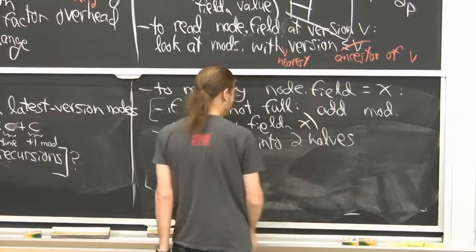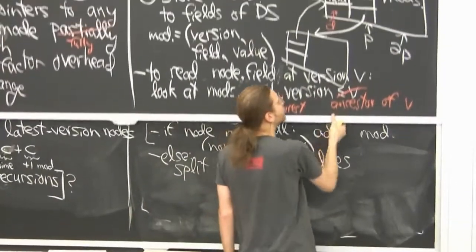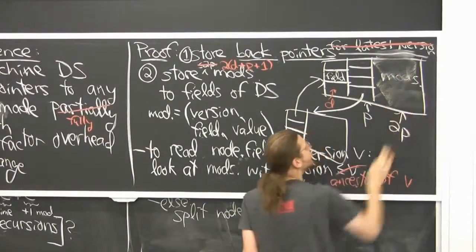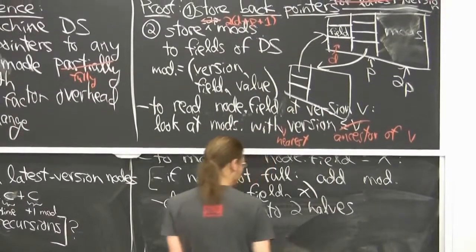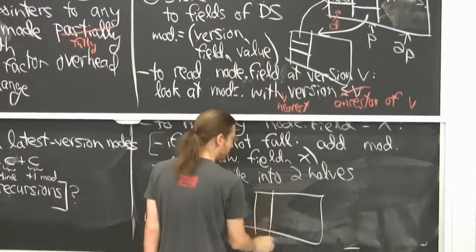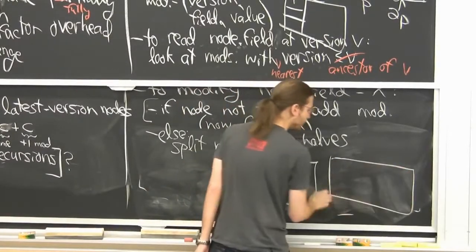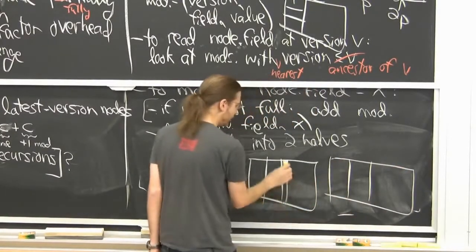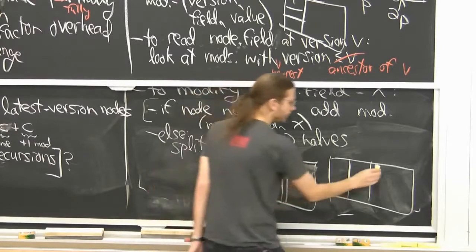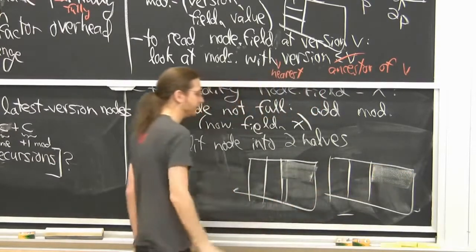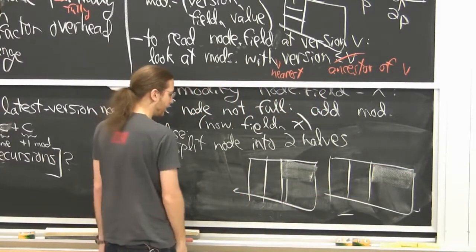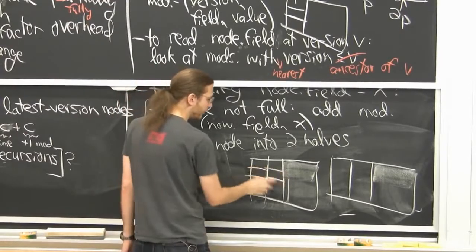Okay, so I had some big node that was completely full. Now I'm going to make 2 nodes. And this one's going to be half full. This one's going to be half full of mods. Okay, the only question left is what do I do with all these things?